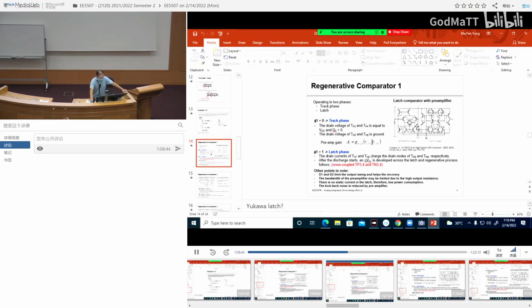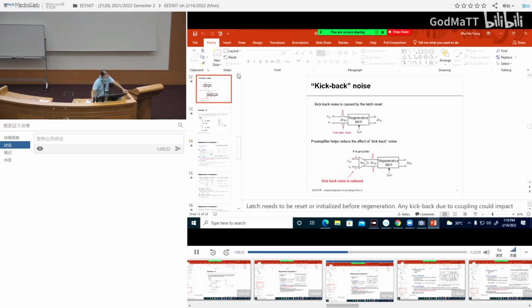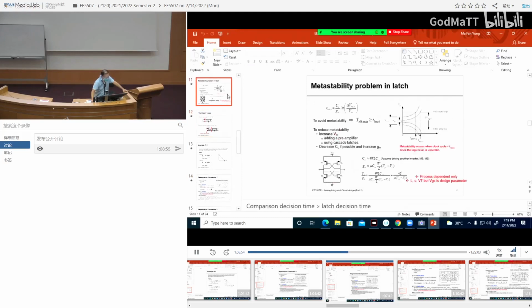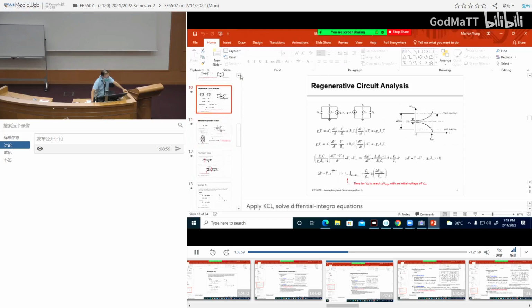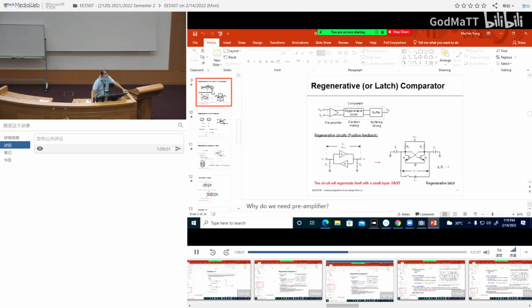This will go into the second stage, which is the positive feedback stage. You see this circuit? This is the first stage, your pre-amplifier. This is your positive feedback circuit.